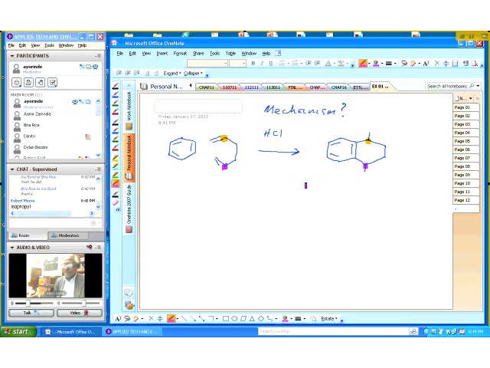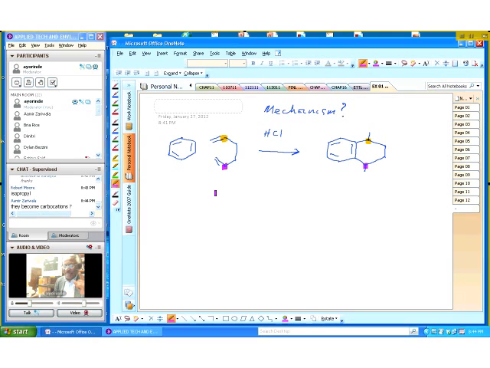So what does that tell you about those two carbons? What is going to happen to those carbons before this reaction takes place? What is the first thing that will happen?